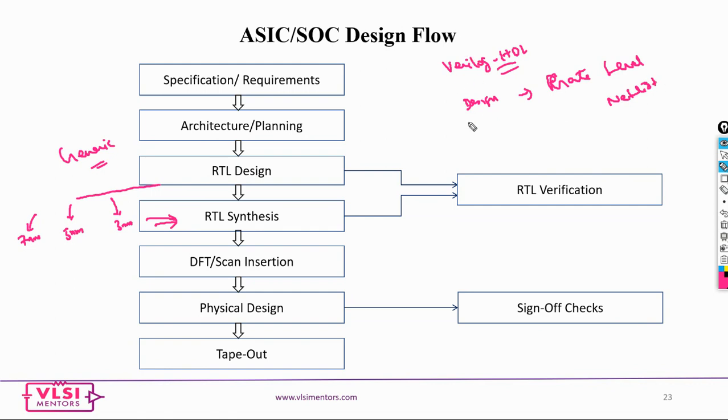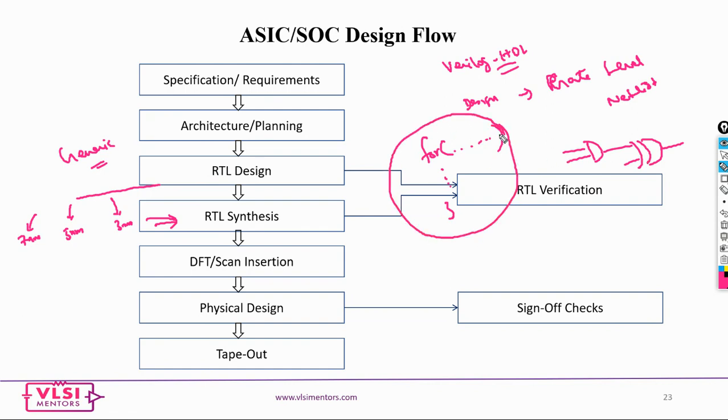Say for example you might have something like a for loop and some processing, and your gate level netlist will have it in the form of AND gates and OR gates. So this HDL code, which we basically call RTL, is converted into a gate level netlist. That is done during synthesis.